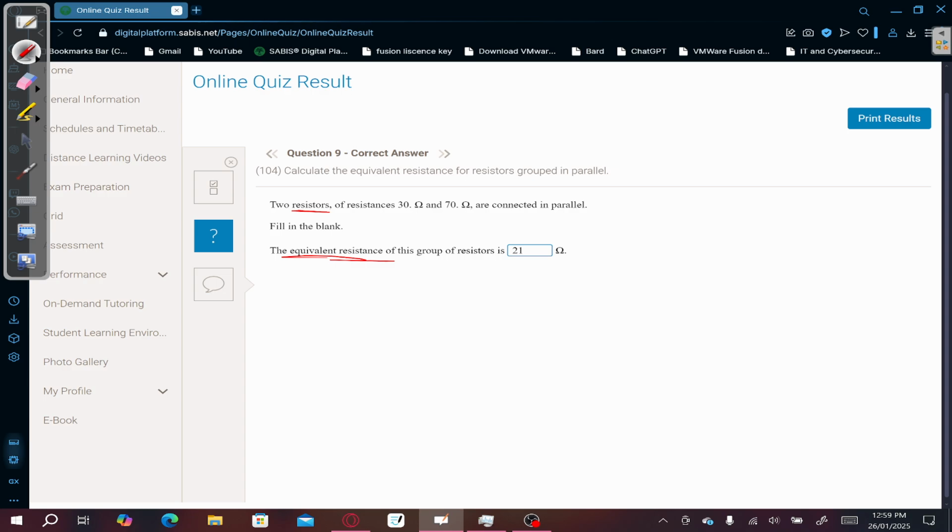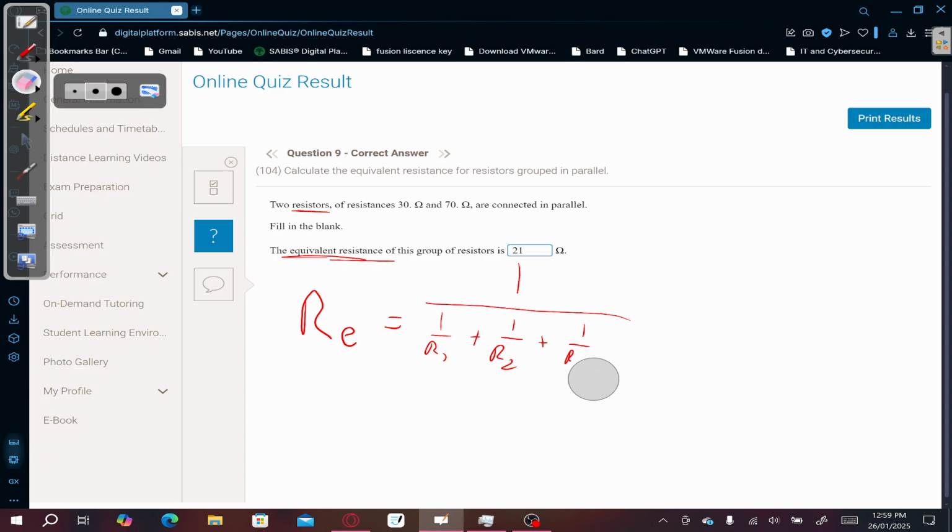You do this on the computer part. Re equals 1 over (1 over R1 plus 1 over R2 plus 1 over R3). It's the exact same thing, by the way. I just moved the one, because this is how you would normally do it if you were to simplify RE mathematically.